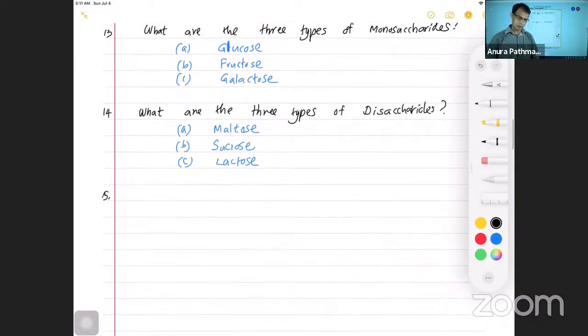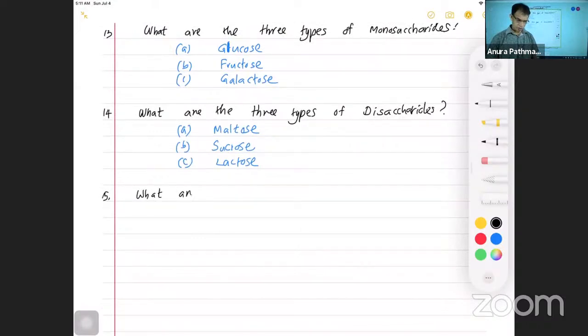What are the 3 types of polysaccharide? Cellulose, starch, glycogen.